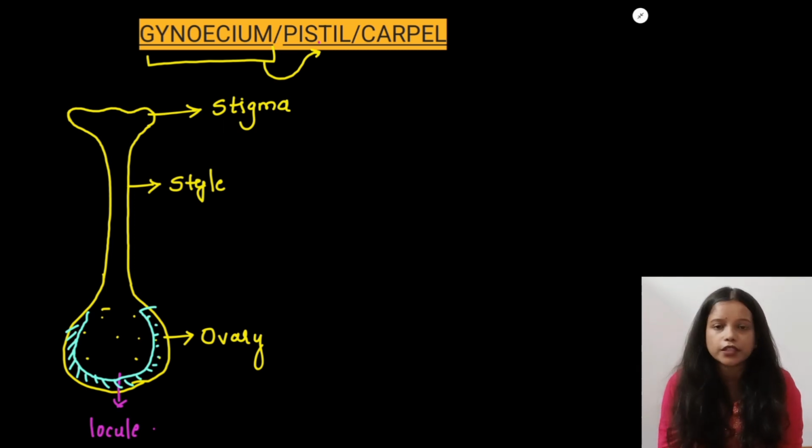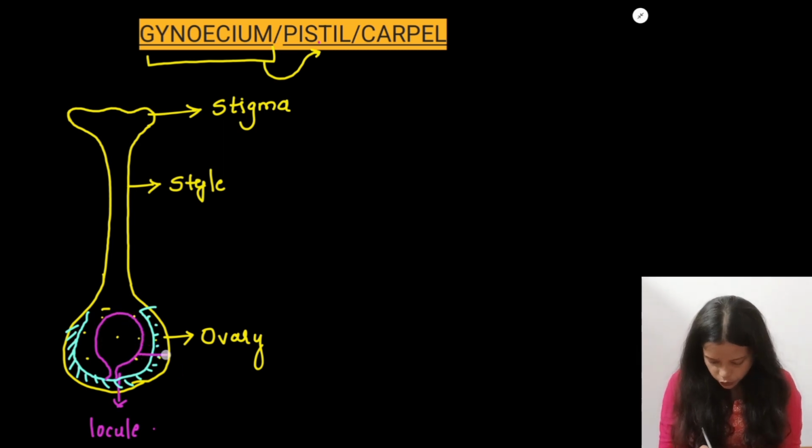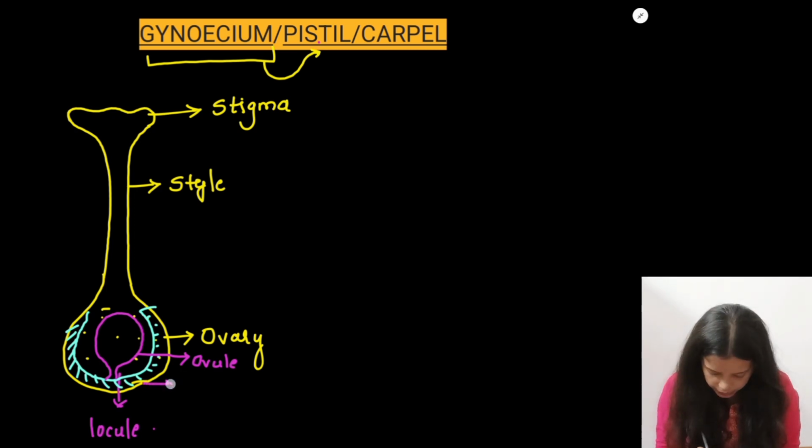To this cushion like structure ovules are attached. What is inside the ovary? Ovules. Here I am representing a single ovule. So this is ovule. The cushion like structure to which ovule is attached is known as placenta.